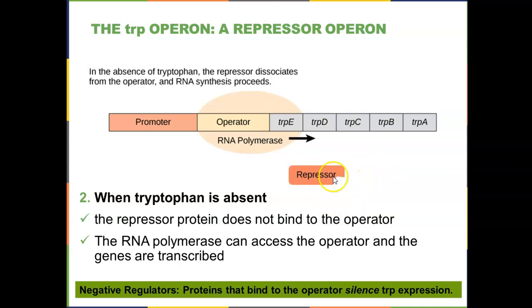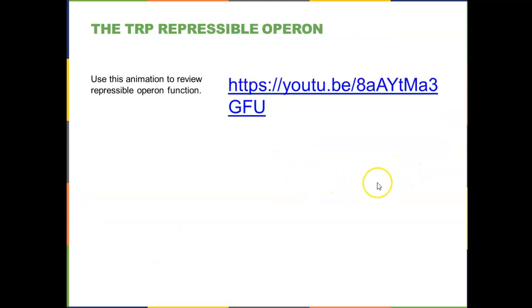And so the repressor changes to a shape that can't stay attached to the operator. And now we can go ahead and express this gene. So that's what we mean by repressible. This is regulated by a negative feedback process. Lots and lots of the product of this metabolic pathway inhibits production of the product. That's negative feedback via this repressor protein.